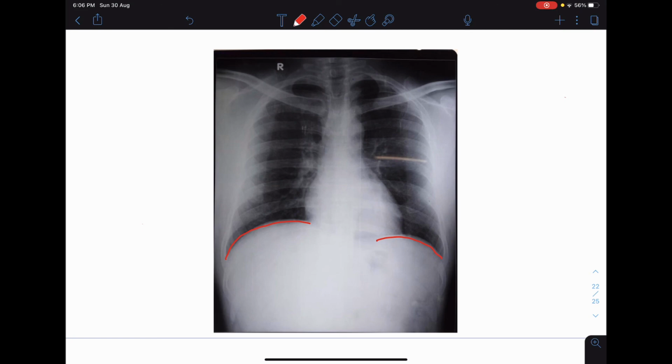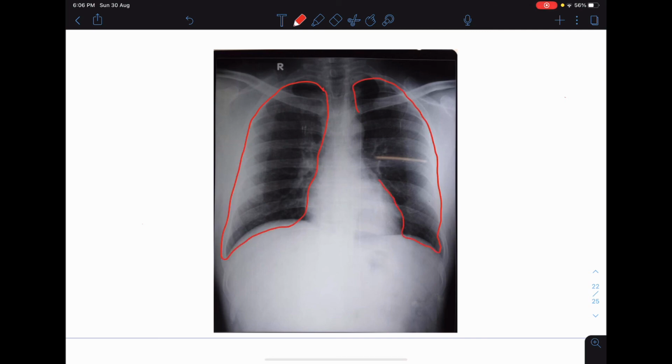Now the next thing we can look at, which is the most important thing in a chest x-ray, is the lung field. We can look at the lung field and find out if there is any abnormality. This is the lung field, this is the lung field.